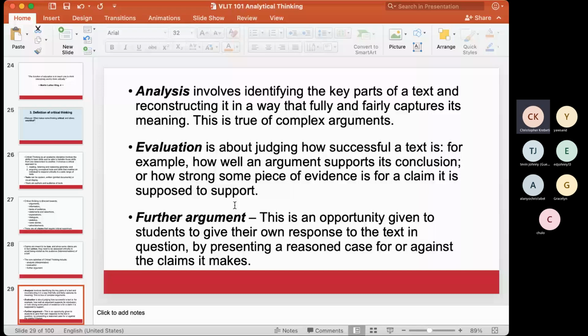So this is how complex arguments are attended to. You will come across complex arguments. They are not written in forms of premise 1, premise 2, premise 3. No. A complex argument can be a whole speech that has been delivered, probably by the president. And the president's speeches are always running for about 1 hour, 1 hour and 10 minutes, 1 hour and 15 minutes, 1 hour and 20 minutes and so on.